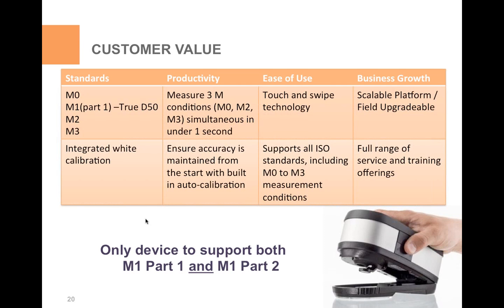If I go back a step, for some of you who are interested in the i1 Pro and pre-press, you might remember that when you ordered the i1 Pro before, you had to order either a UV cut or a UV device. All of that is now eliminated, so the same device will be able to measure, and that's what shows here by M0, M2, and M3. The device can either have the UV or cut the UV.